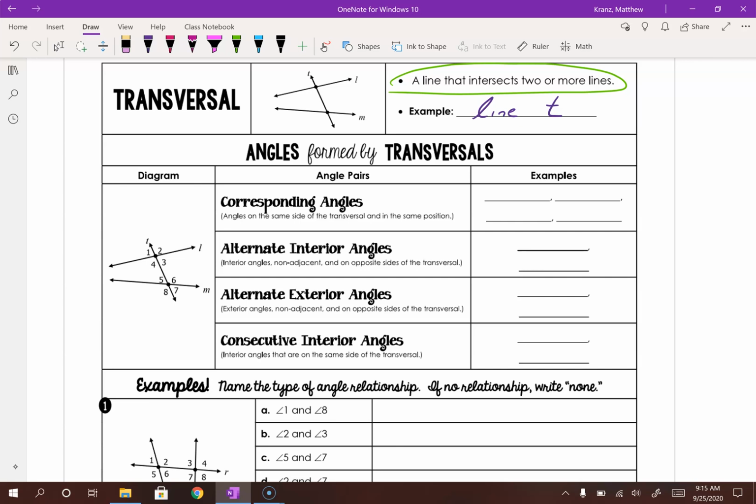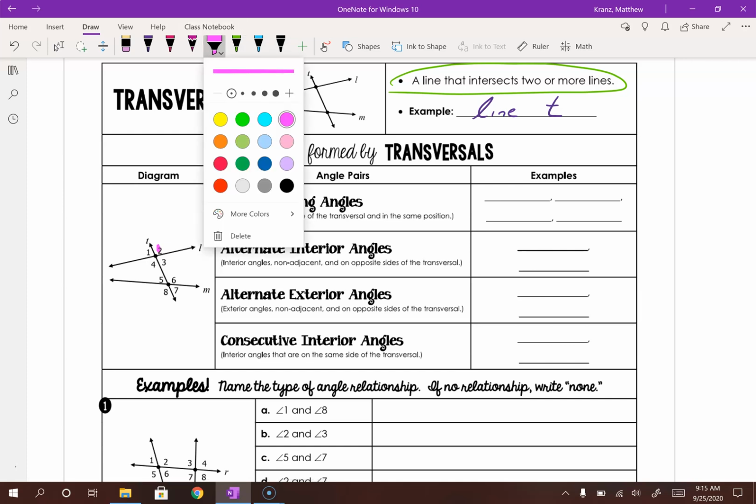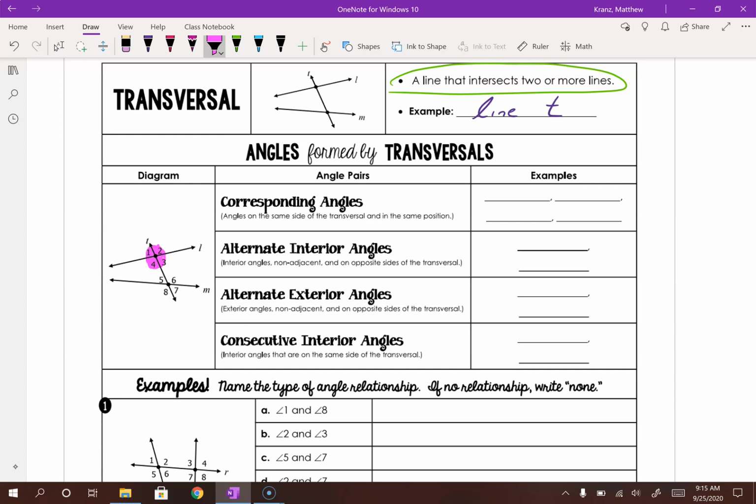So the first type of angles that are formed are called corresponding angles. Angles that lie on the same side of a transversal in the same position. So when you think about it, this is a cluster of angles, and this is a cluster of angles, right? See how the transversal makes 4 angles when it intersects?